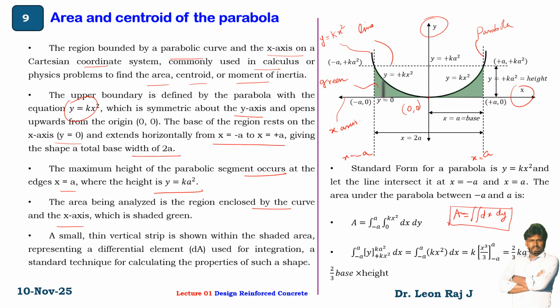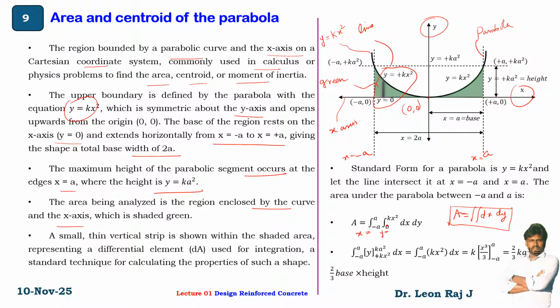Here we are using x equal to minus a to plus a, where y equal to 0 to k into x square. This is clearly depicted here. By substituting y, you get the upper limit and lower limit.